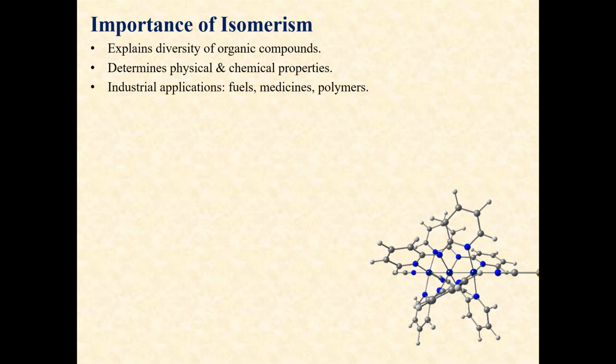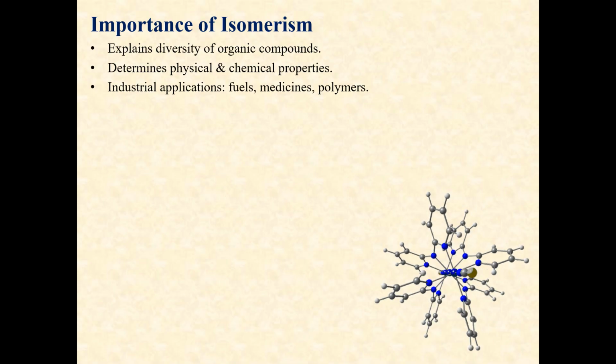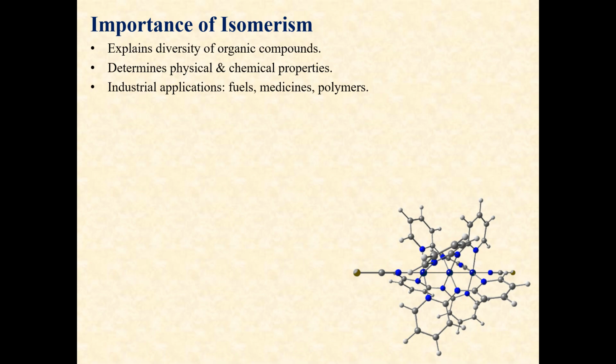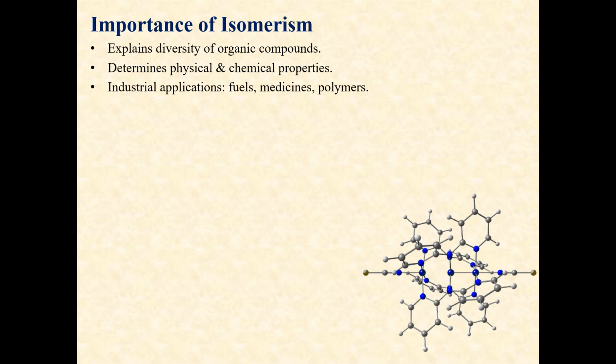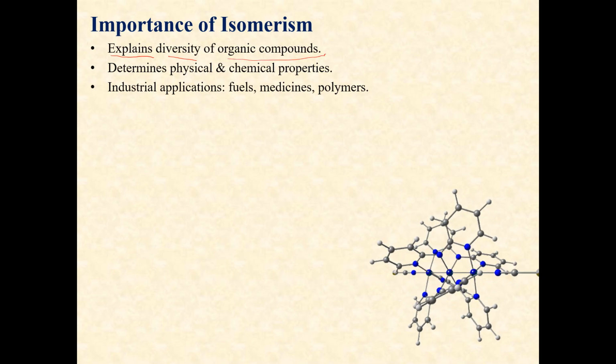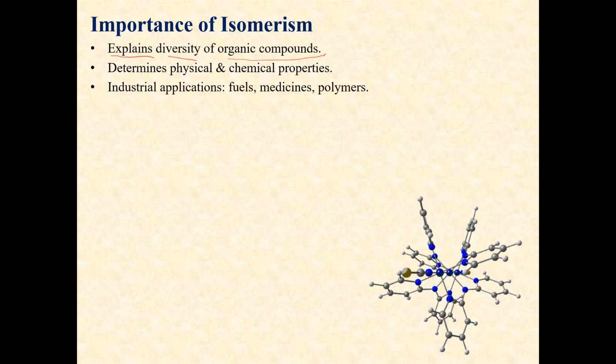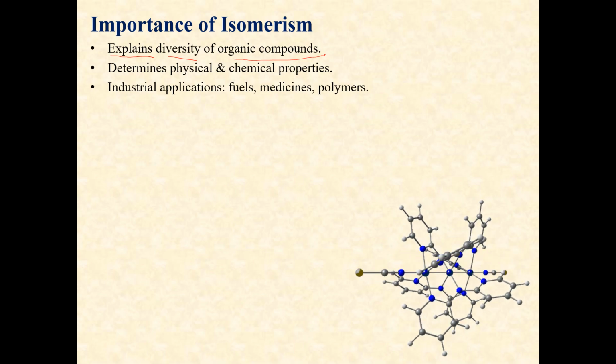Let's move on to the importance. Why do we need isomerism? These isomerisms are very important because they help to explain the diversity of organic compounds. Different compounds have the same molecular formula, but their structures are different.